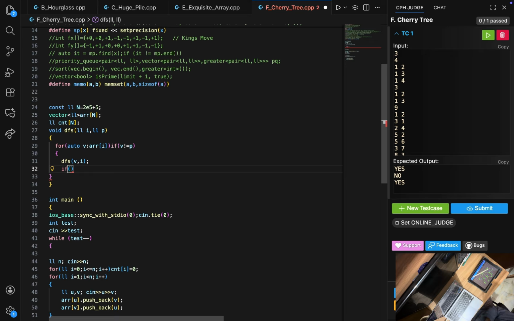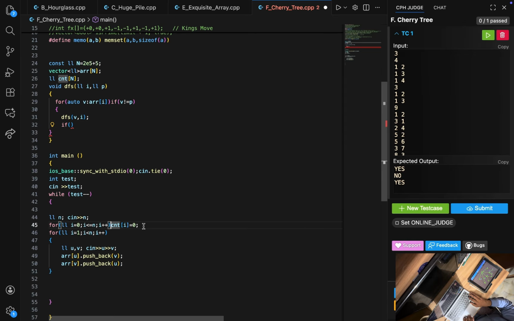If it can't visit anymore, I need to put one on the leaf node.